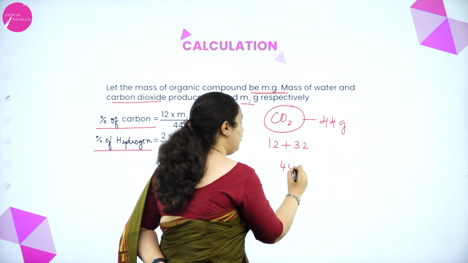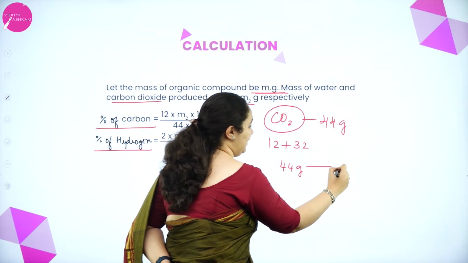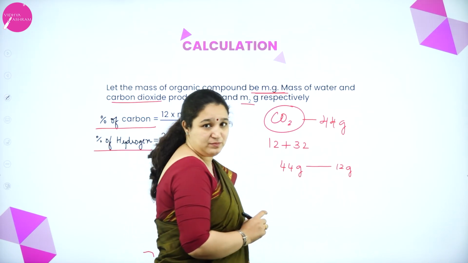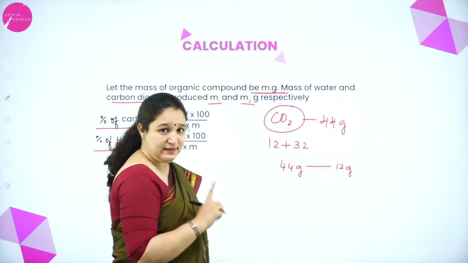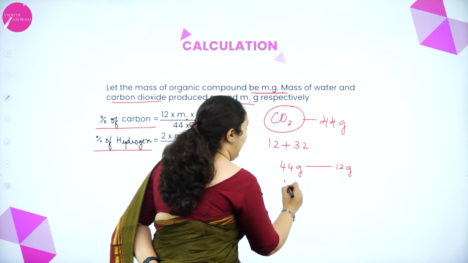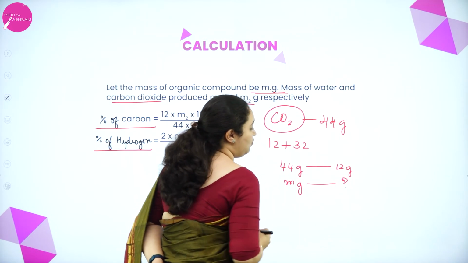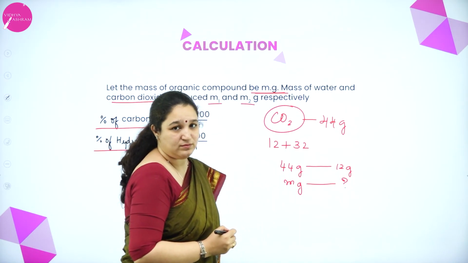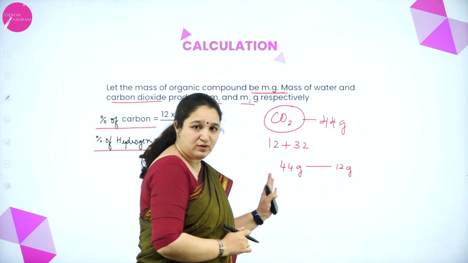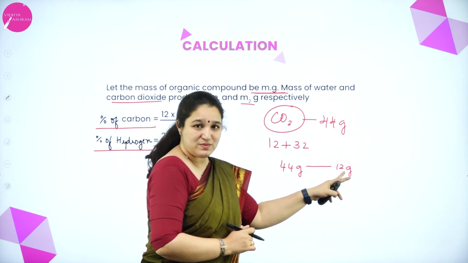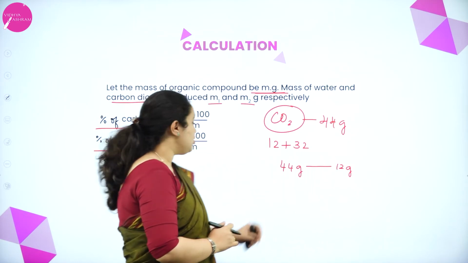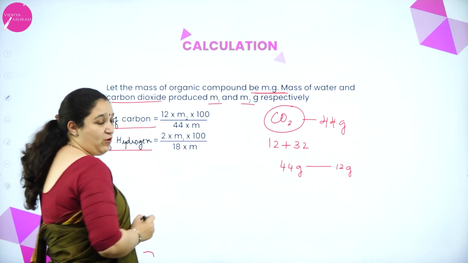So in 44 grams of carbon dioxide, 12 grams is carbon. So we will take 12 divided by 44.